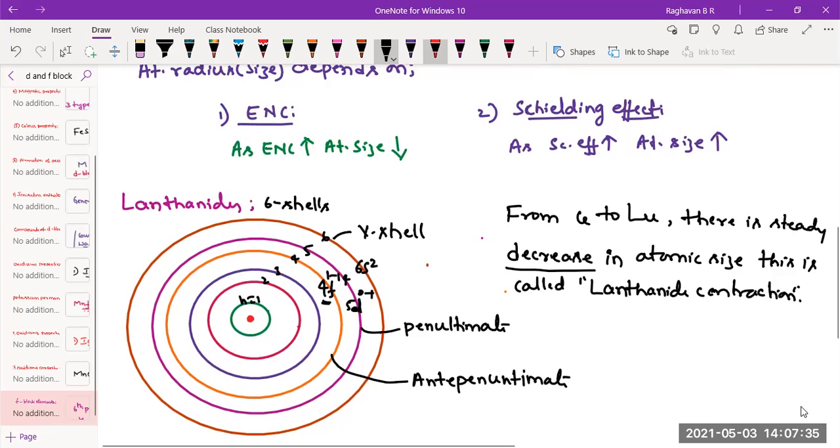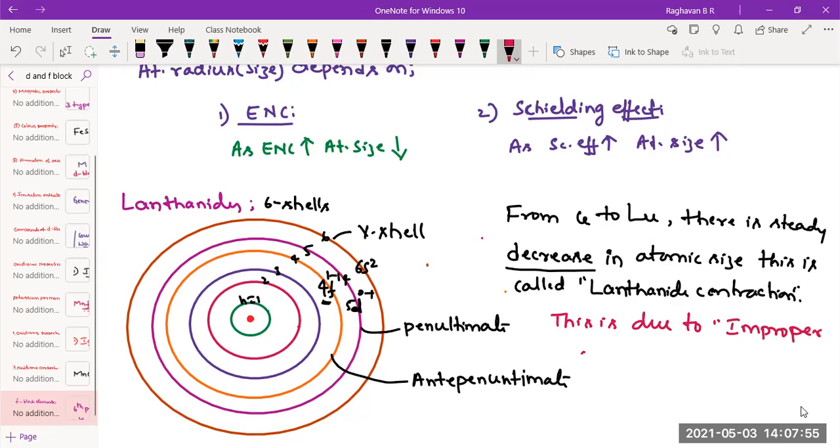So the reason is improper shielding or ineffective shielding of inner F electrons, or pre-penultimate F electrons.